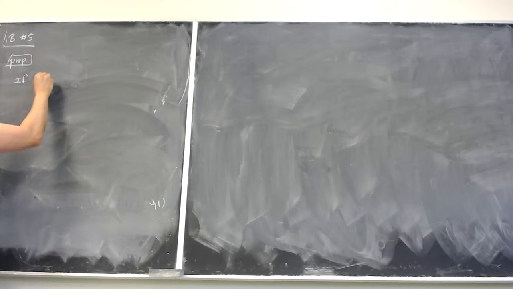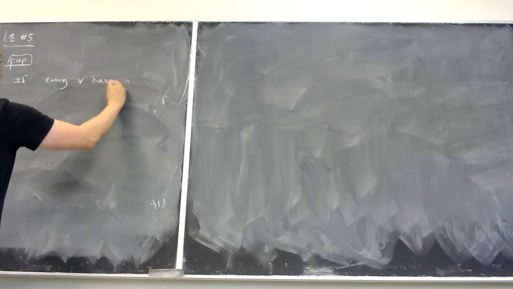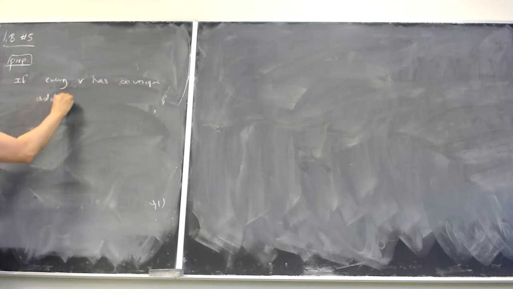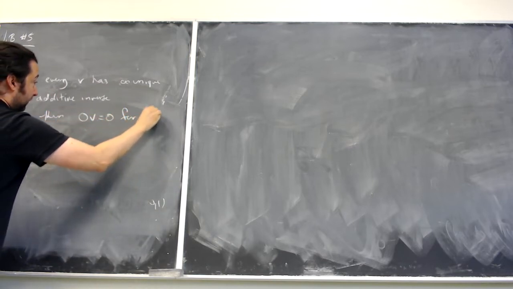And if you remember in the book, it actually proves it in the forward direction. There's a proposition in the book that says that if you're in a vector space, I'm going to put it in plain if-then language here. What it says in the book essentially is the statement: if every v has a unique additive inverse, then 0v is equal to 0 for all v.